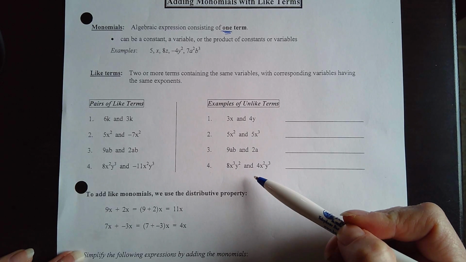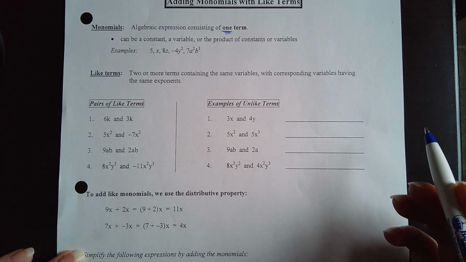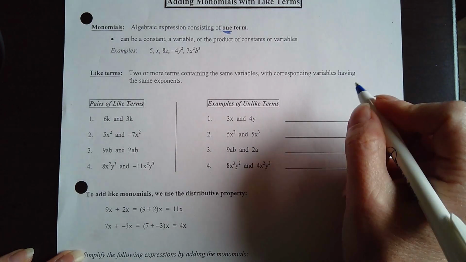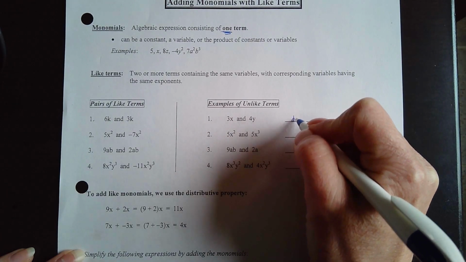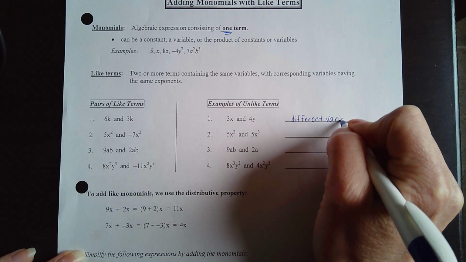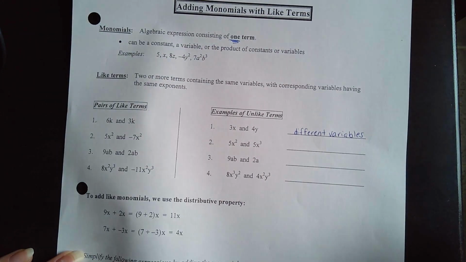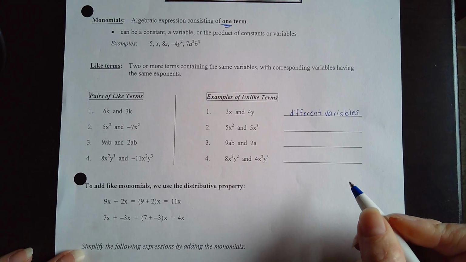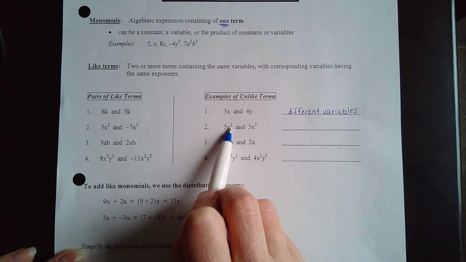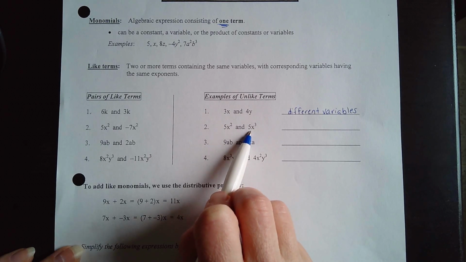Now these 4 are examples of unlike terms, and we're going to examine why. 3x and 4y are unlike because they have different variables. The x and the y are not the same variable. In number 2, 5x squared and 5x to the third are not like.